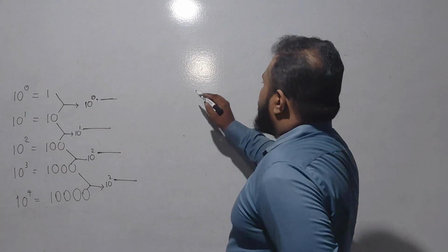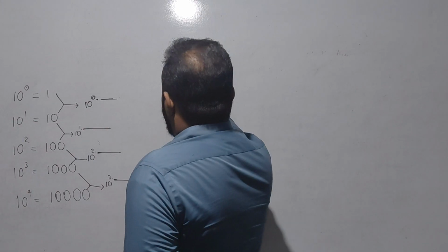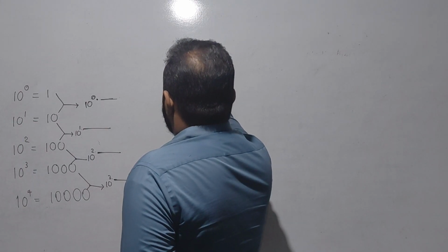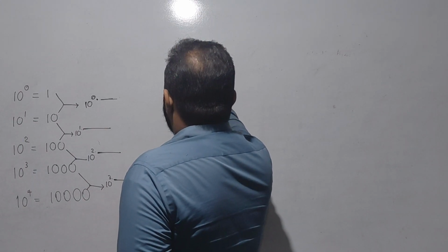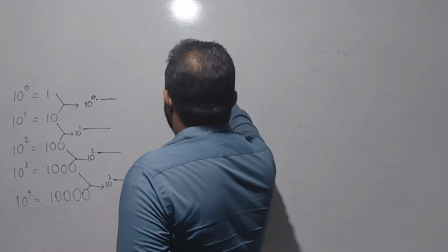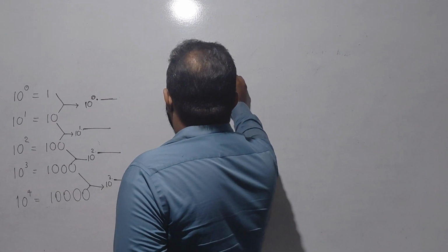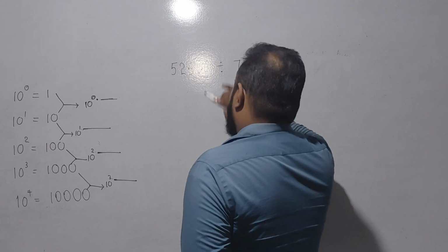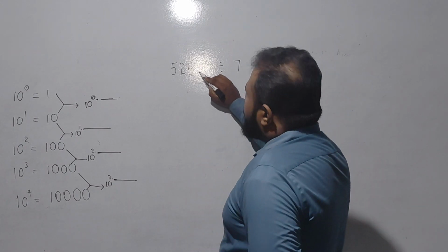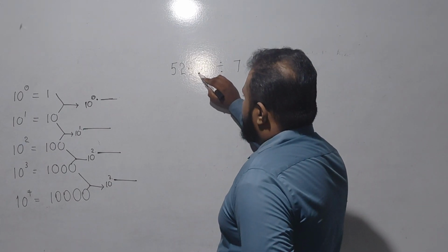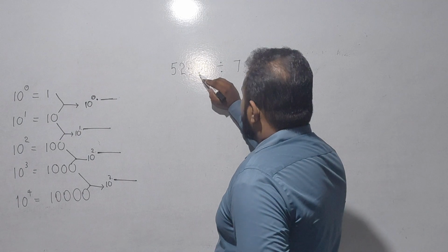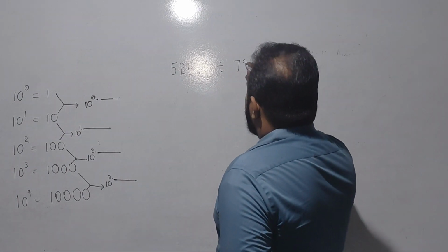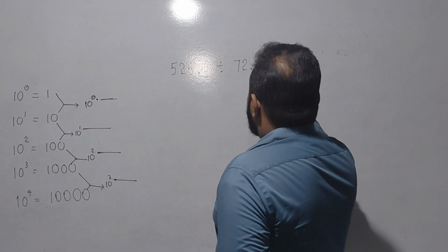Let's do 525.6 divided by 72.68. For grade 10 you don't have negative indices values, so I use only 72.68.